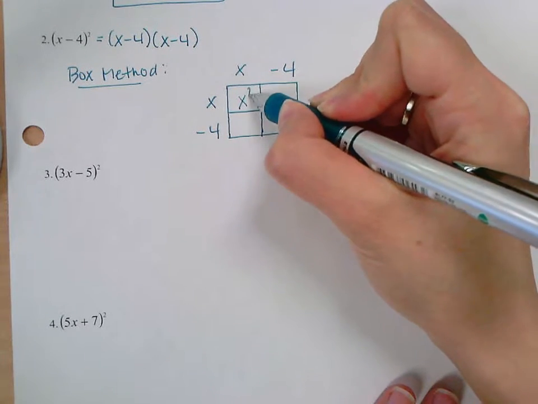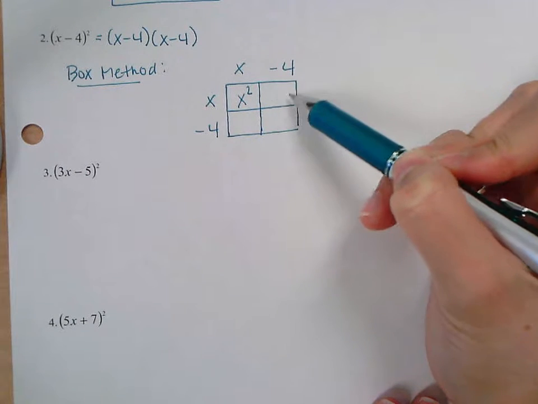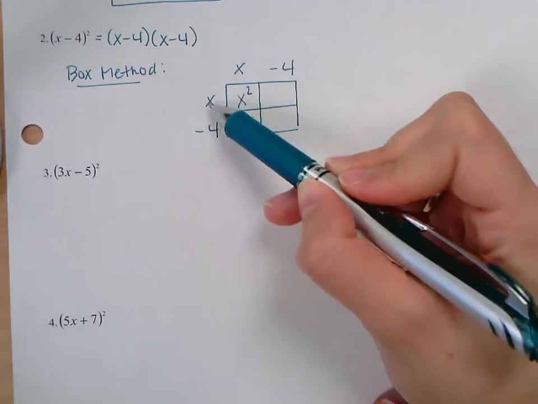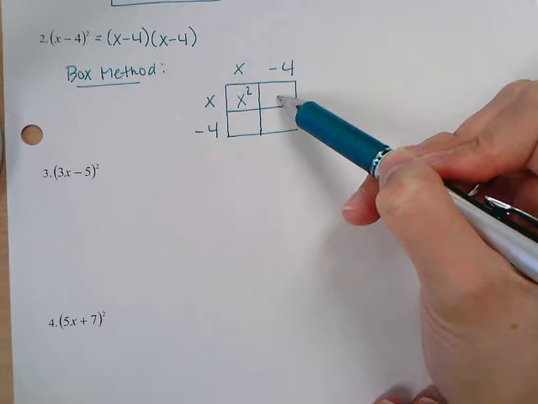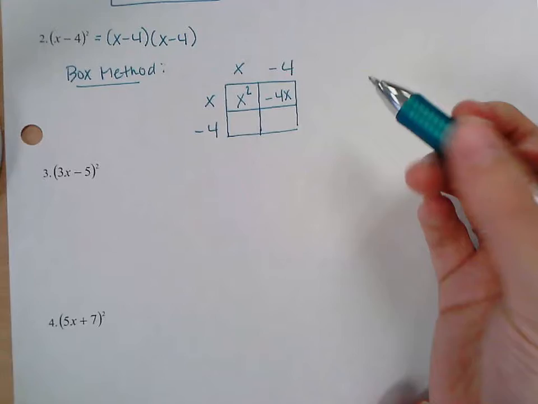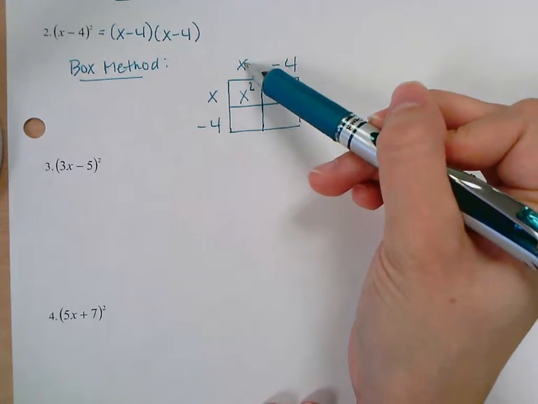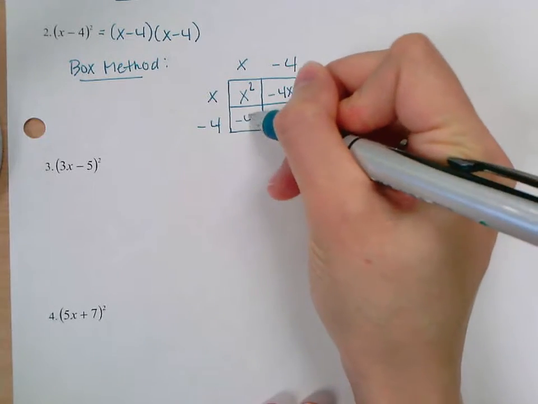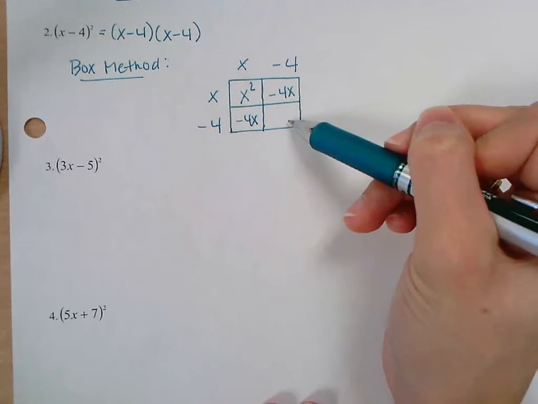X to the second, so not 2x, but x squared. In this box, you multiply the negative 4 with x. What would that be? Negative 4x. Then down in the second row, I multiplied the x with the negative 4. And in the last box, it's negative 4 times negative 4.